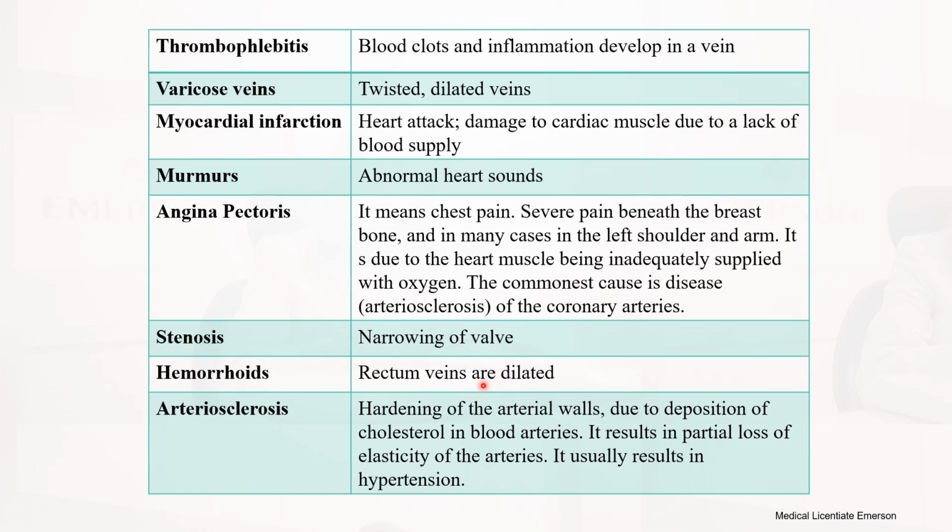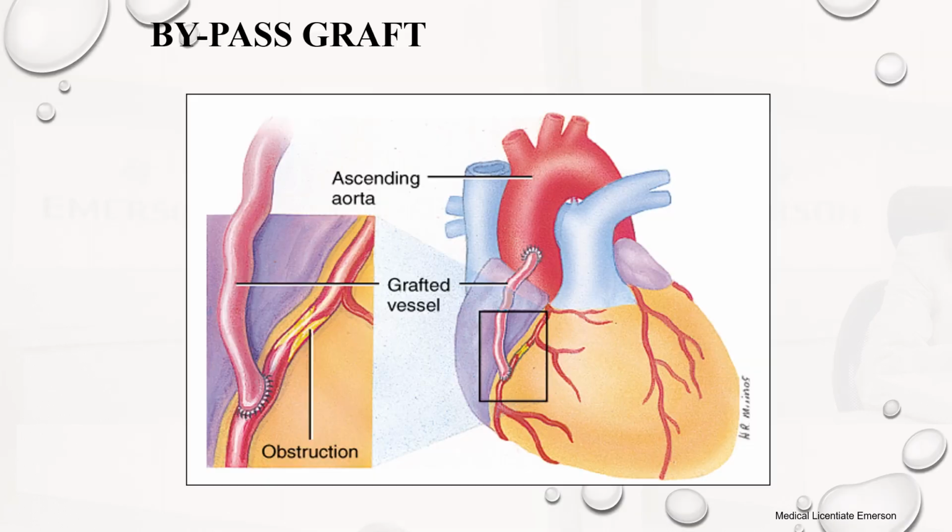You can have arteriosclerosis itself, where there is hardening of the arterial walls due to deposition of cholesterol, specifically inside the tunica intima of the arteries. It results in partial loss of elasticity of the arteries and usually results in hypertension. That's why it's very common for someone with diabetes to develop hypertension.